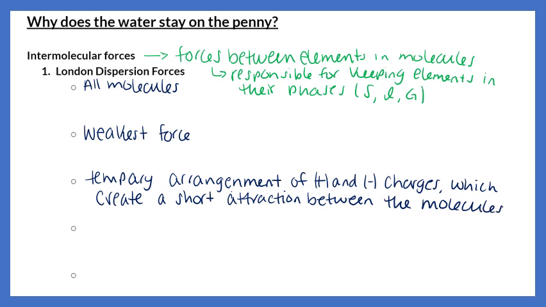All right. So for instance, I guess the best way to describe this is that the electrons will start to shift, even if they're being pulled one way or the other. They tend to shift, and this shifting creates this temporary arrangement.